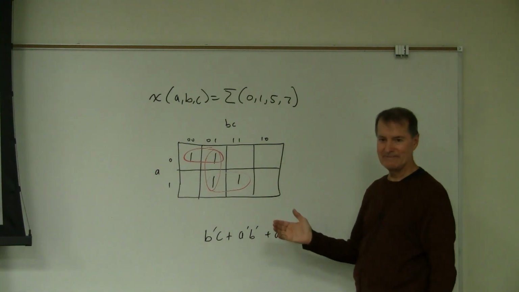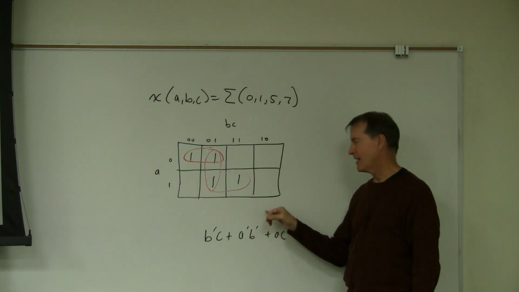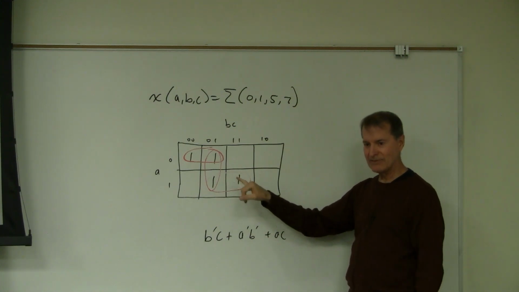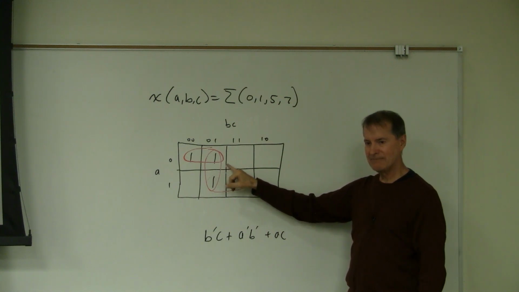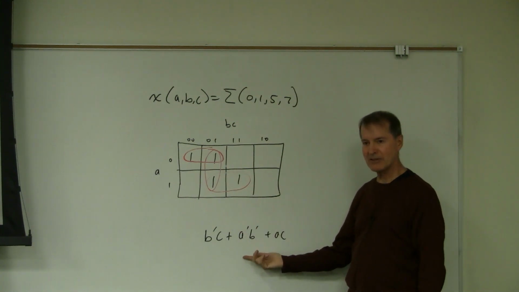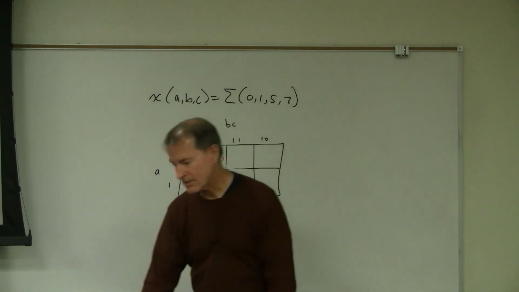But look, why is this not minimum? Because, as you pointed out, we should not have done B prime C. So even though this is mathematically correct and the circuit would perform correctly, it's not minimum.